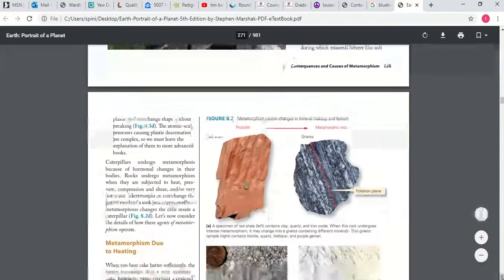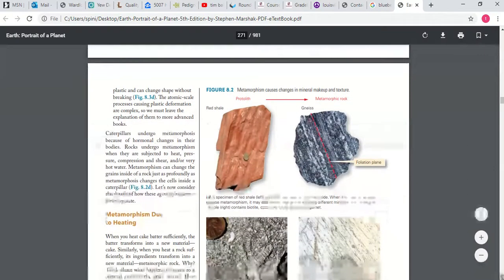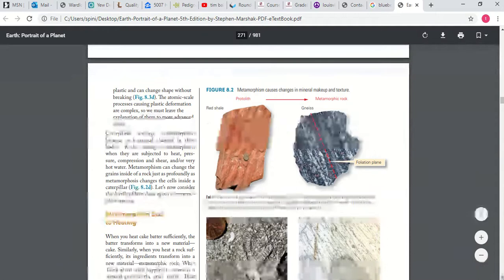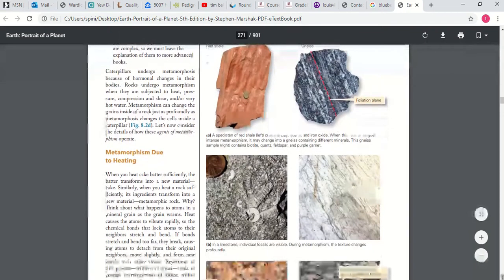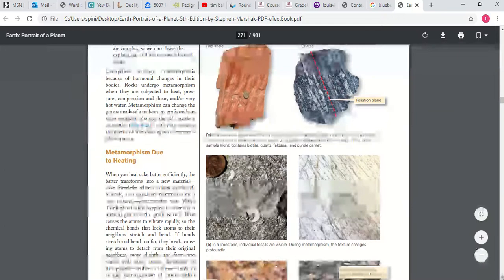And again, here's a look at some shale that's being turned into something called gneiss. We don't pronounce the G. And then a piece of limestone here, which is going to be turned into the metamorphic form of limestone, which is marble. And we'll see that in a little bit more detail later.